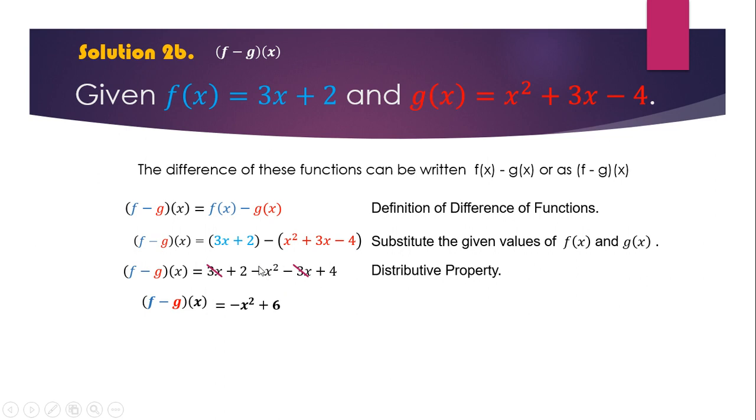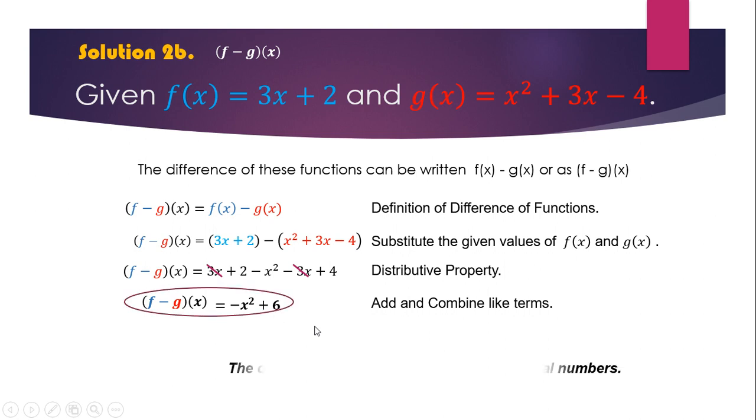So we're just going to copy negative x squared and then add positive 2 and positive 4, which is equal to 6. Therefore, the final answer for the difference of these two functions, f minus g of x, is just equal to negative x squared plus 6. And the domain, or the x values of the functions, are all real numbers.